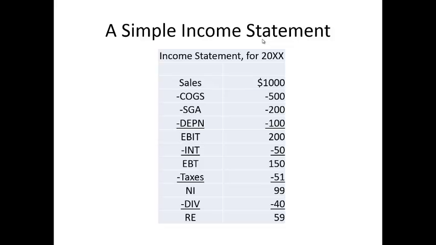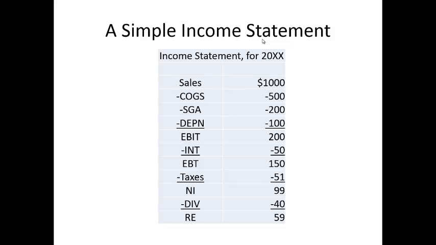We have a subtotal that follows of earnings before interest and taxes. Then we subtract interest, and we're left with earnings before taxes or taxable income. Earnings before taxes is taxed, and we compute the taxes that were owed, and then we have net income that remains.